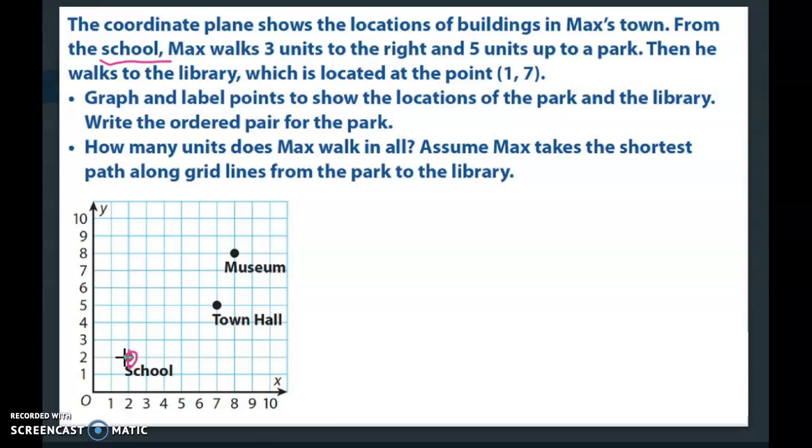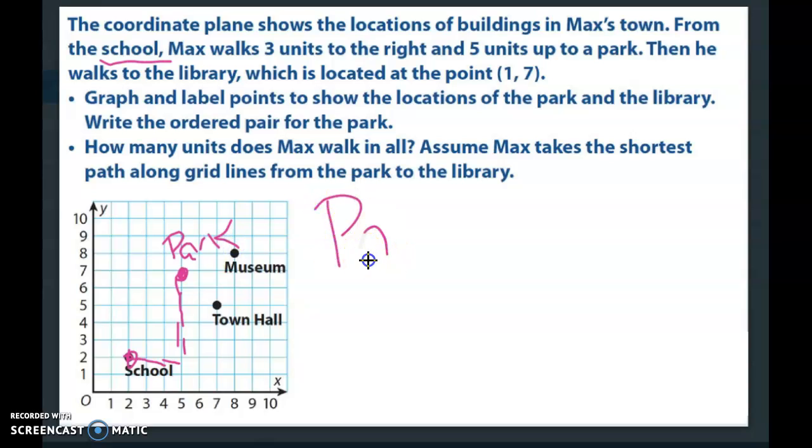Remember before when I was talking about units, every time I go one square, I'm calling that a unit. So 1, 2, 3. 3 units to the right and then 5 units up. 1, 2, 3, 4, 5. So right here, that is labeled the park.